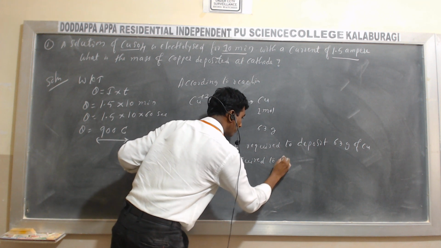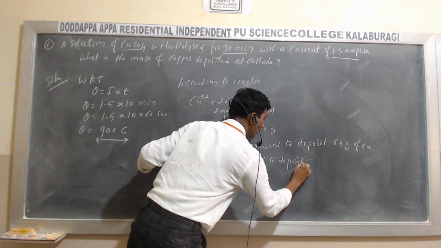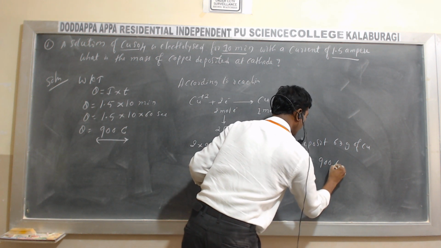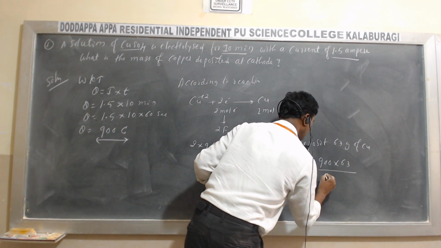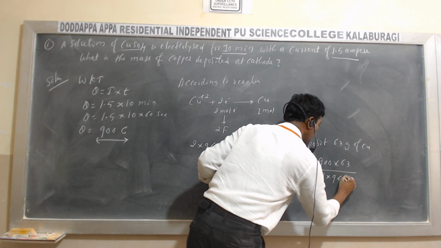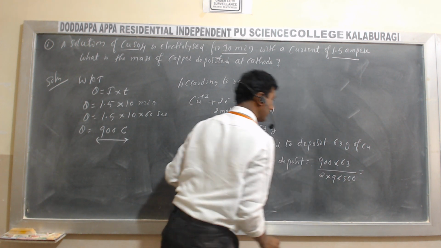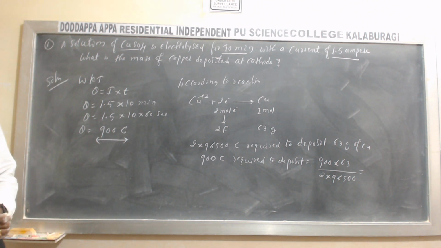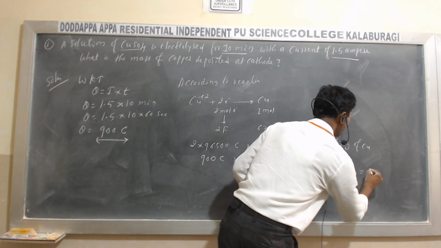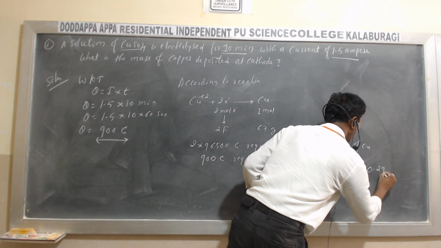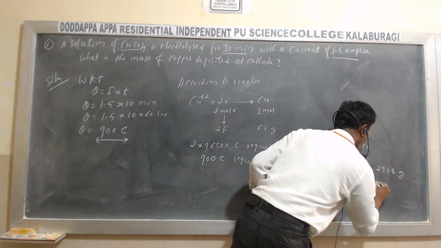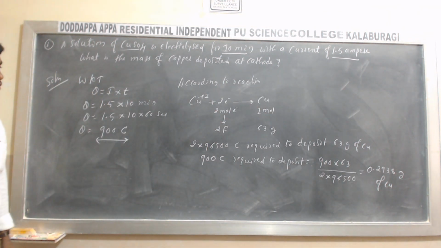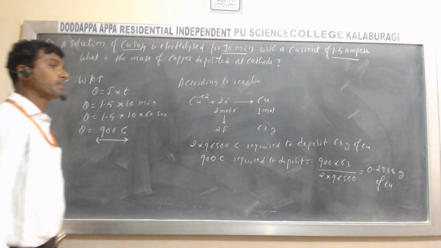So the copper deposited by 900 coulomb of charge is 900 into 63 divided by 2 into 96,500, which gives 0.2938 grams of copper deposited.